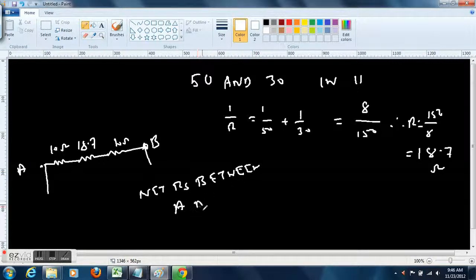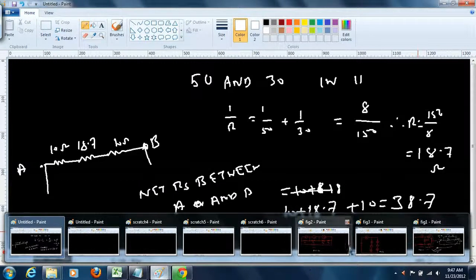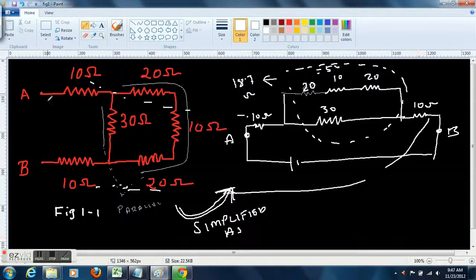Therefore net resistance between points A and B is 38.7 ohm. So the resistance between A and B is 38.7 ohm. Let me write it here.